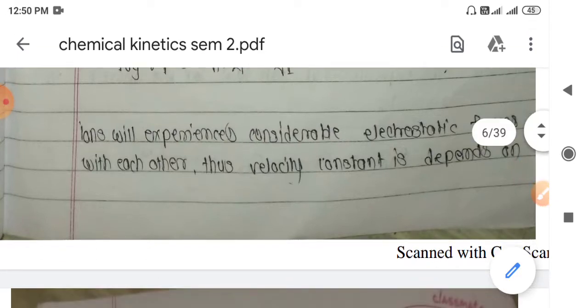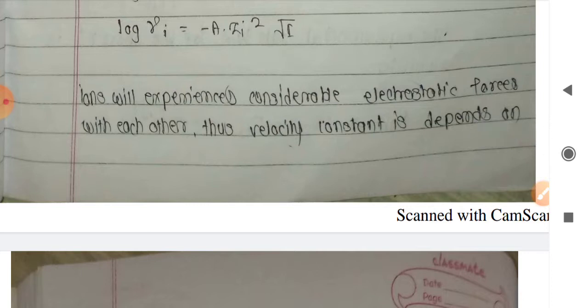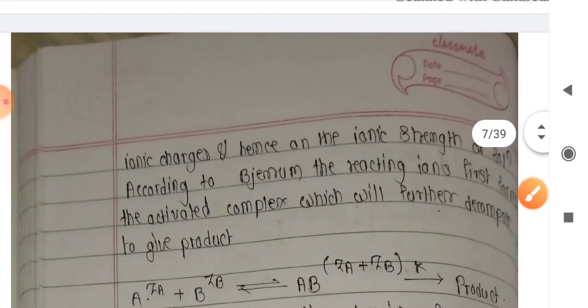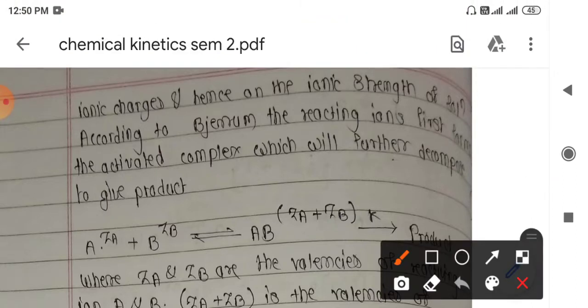Now between the ions there are electrostatic forces of attraction. This electrostatic force of attraction will affect the overall velocity constant or the rate constant of a given reaction. Indirectly we can say that the rate constant depends upon the ionic charges, and the ionic charges are related to the ionic strength of the overall solution, because the formula contains the concentration and the charges.